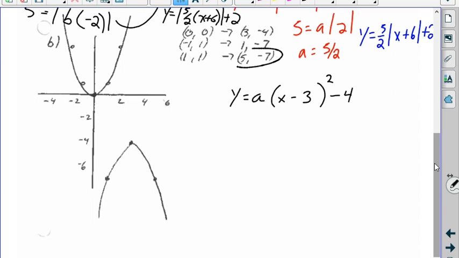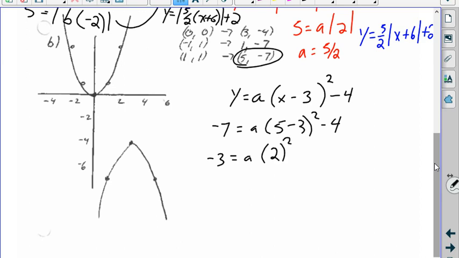So pick one of these points. I'm going to pick 0.5, -7. Every place I see a y, I'm going to plug in -7. Every place I see an x, I'm going to plug in 5. So add 4 to both sides. And we have 2 squared.